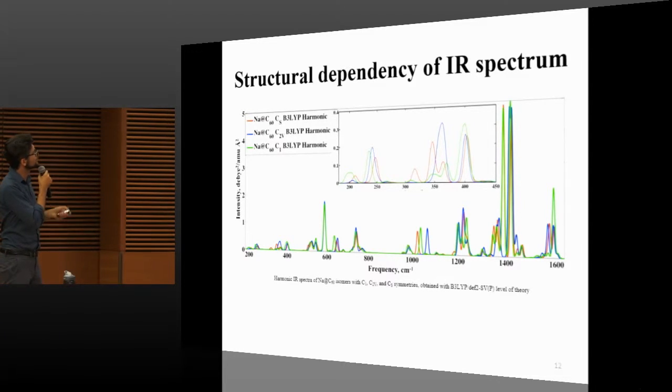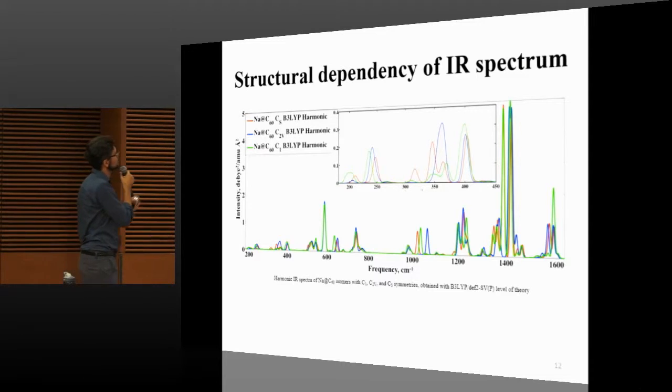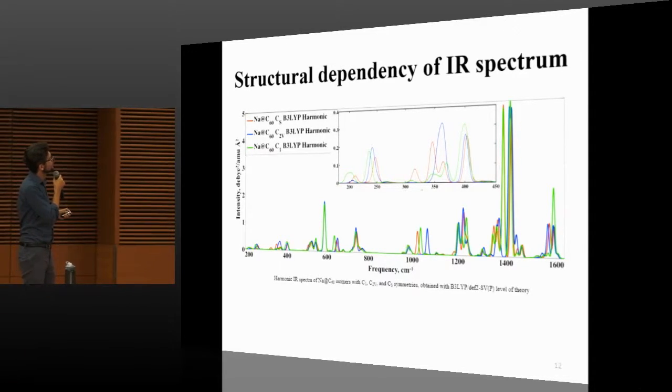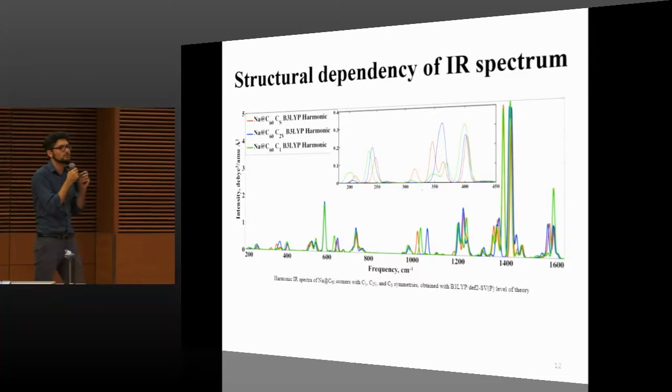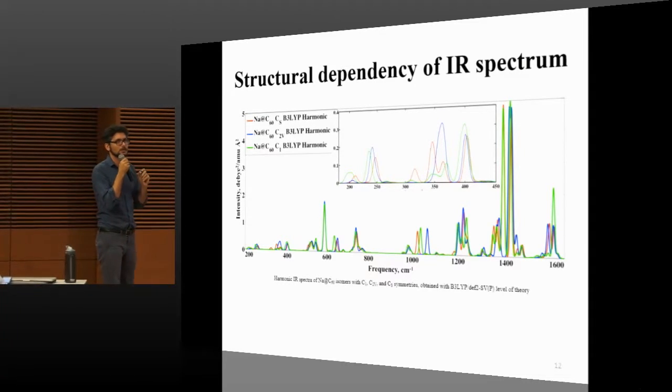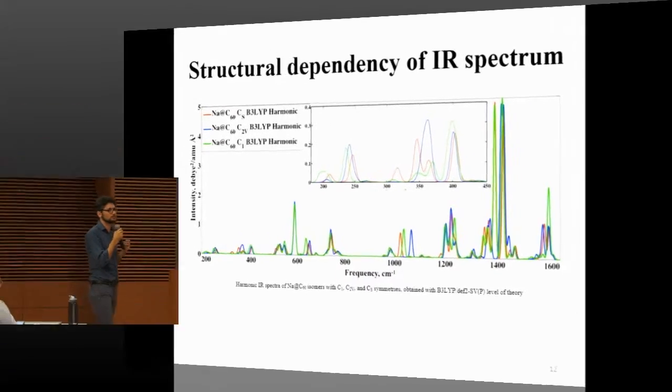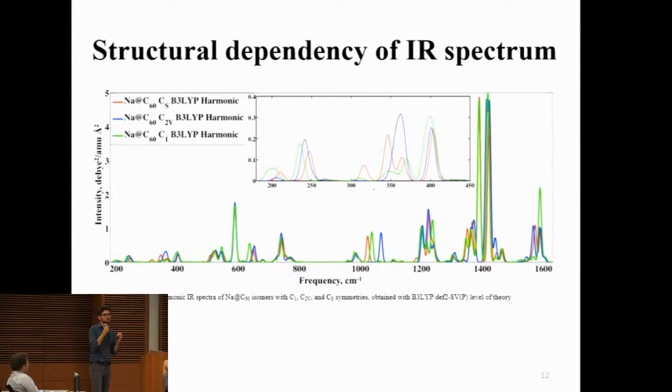And as you see here, there is one thing to mention: the peaks related to the movement of sodium inside the cage have a redshift for C1 symmetry, and this is due to the looser bond of sodium to that structure because of the position of sodium inside the cage.